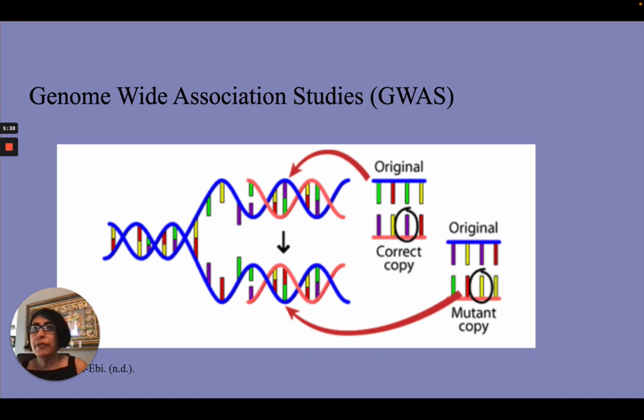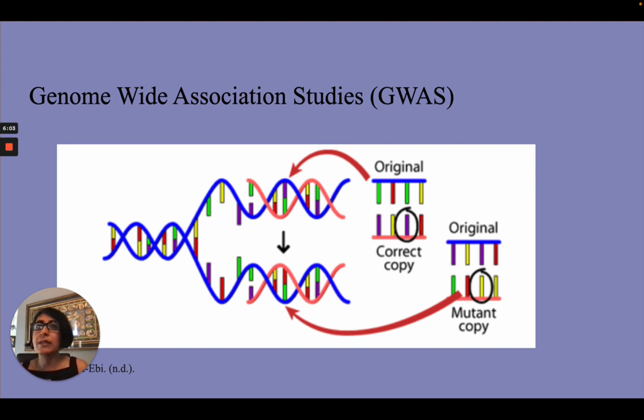So I've thrown a lot at you, so let's just backtrack a bit. So what is a gene? A gene is a unit of heredity. What is a variant? A variant is a gene that may have one or more mutations. Now, what is a mutation? A mutation is a permanent alteration to the DNA sequence.